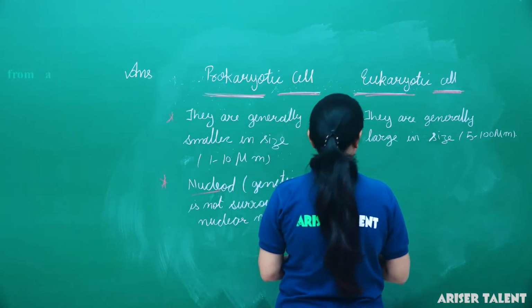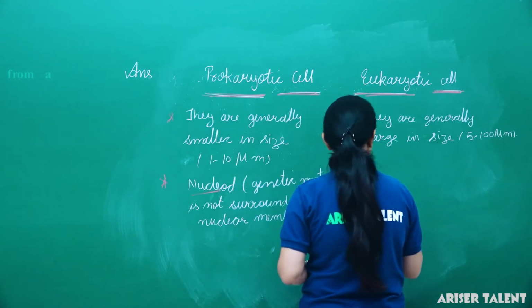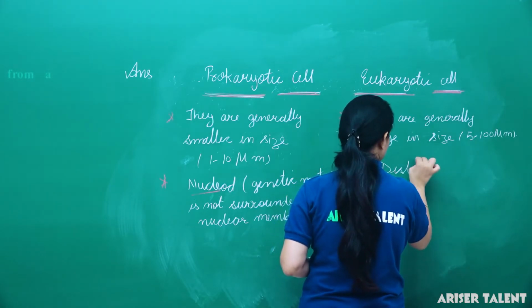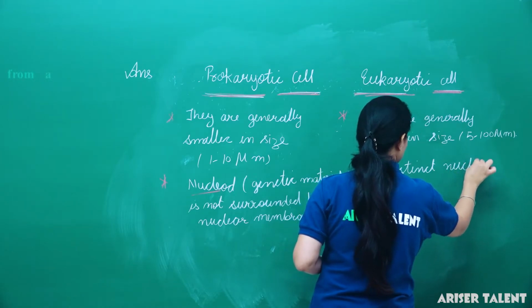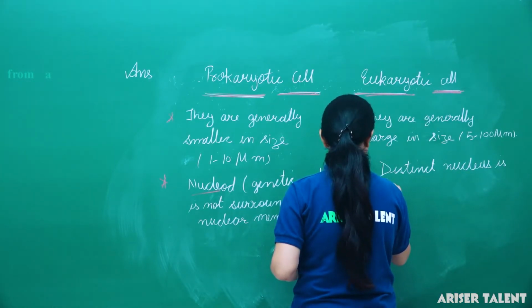And in the eukaryotic cell, a distinct nucleus is present.